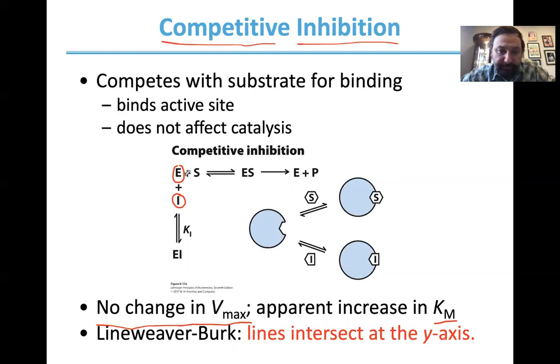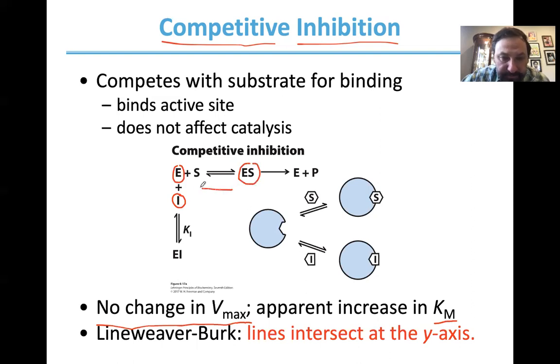And so the net effect of that is an apparent increase in Km. In other words, the affinity of the substrate for the enzyme appears to decrease, just because there's less of the enzyme. And so you're forming less of the enzyme substrate complex.